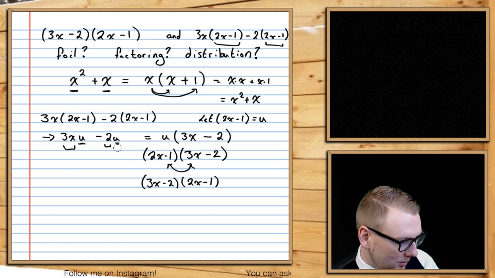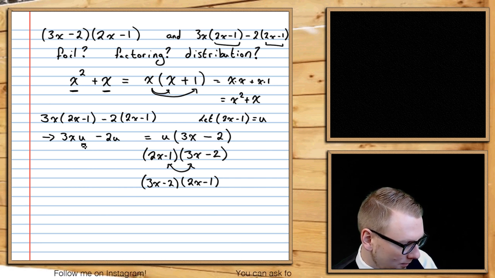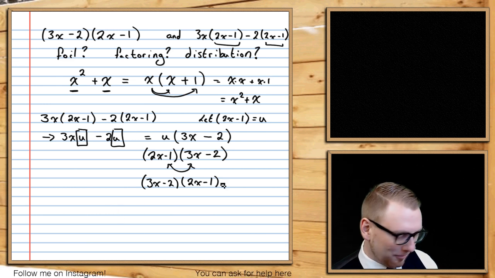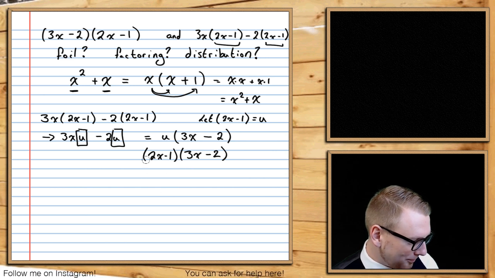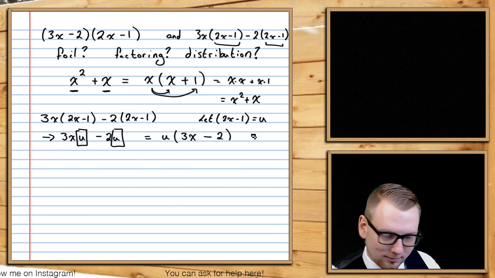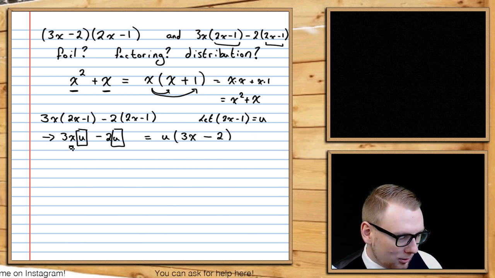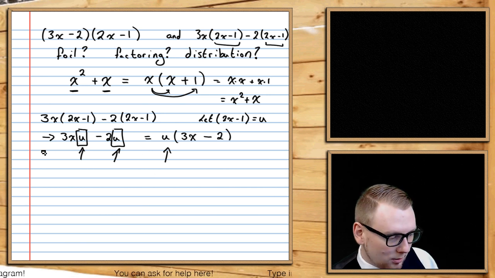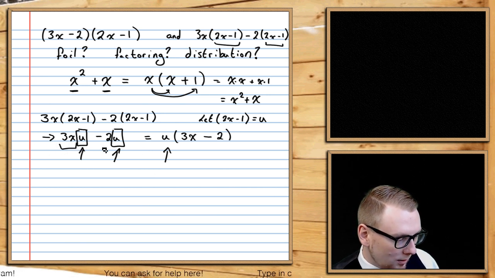So I am going to write confused? Okay, let's go back. Okay, this line right here. Do you see how if we take out both the u's, we take it out in front like that, and what we have left is the 3x that's in front, and then minus 2.